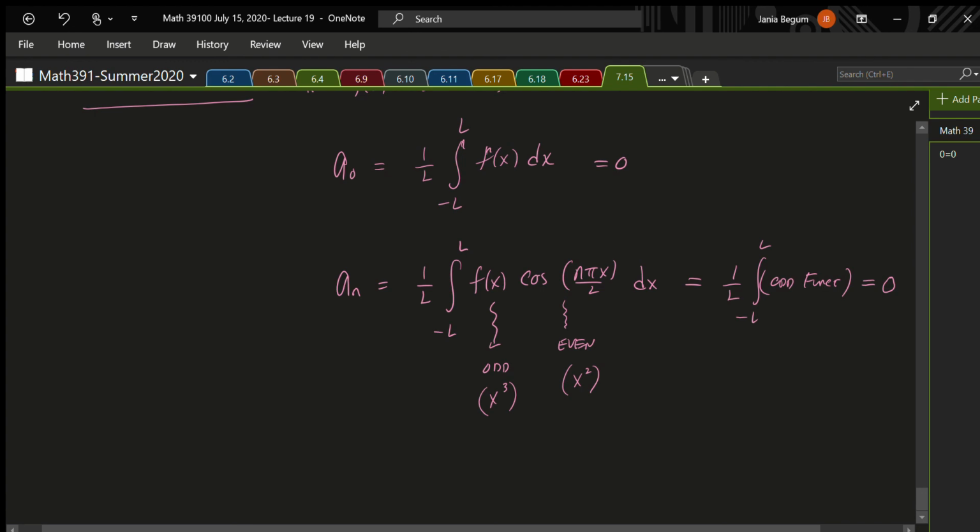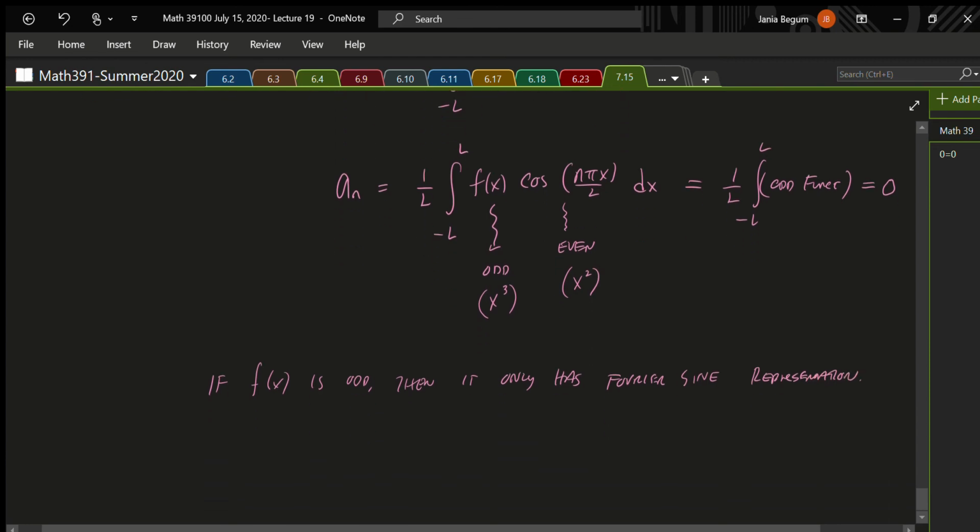So hence, what can we say? We say that if f of x is odd, then it only has a Fourier sine representation.